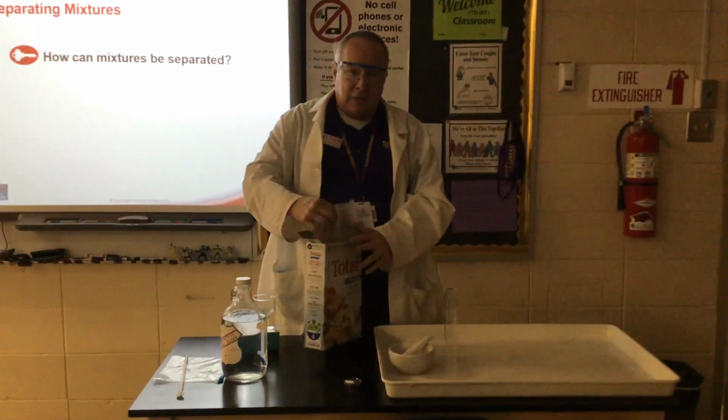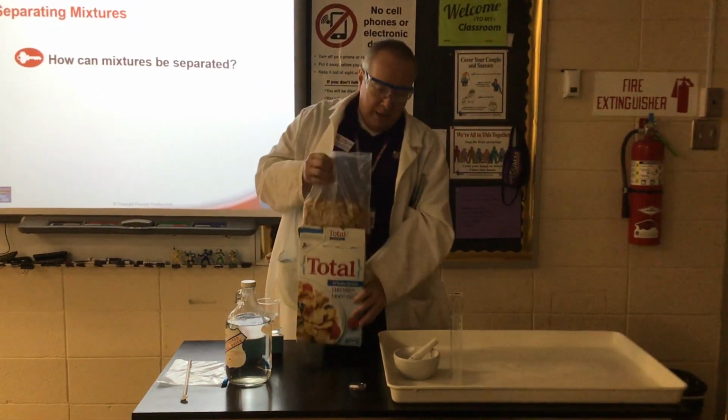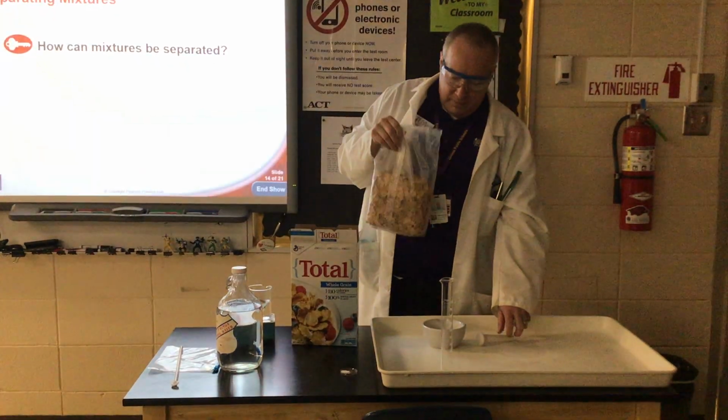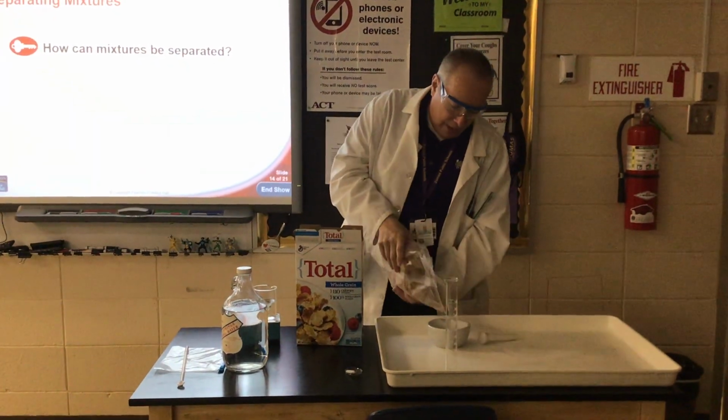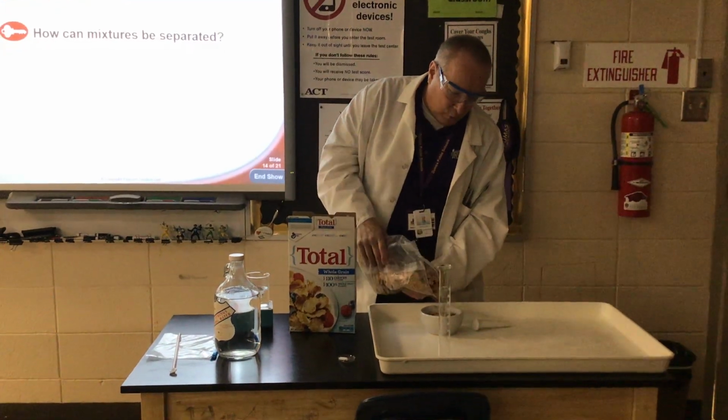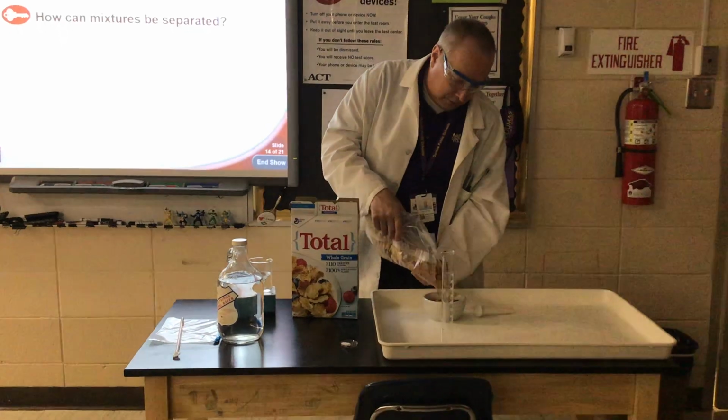So I'm going to take some of this Total cereal, and I'm going to try to grind it up in my mortar and pestle. When you do your lab, we're going to perhaps practice weighing out a specific amount.